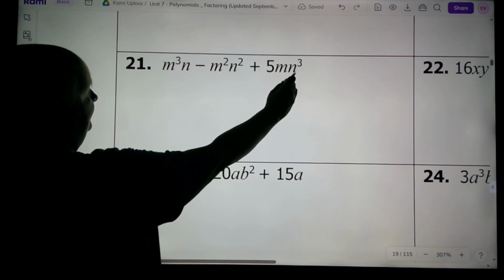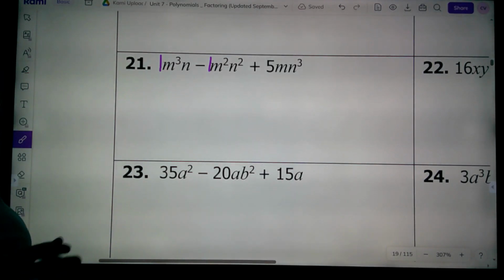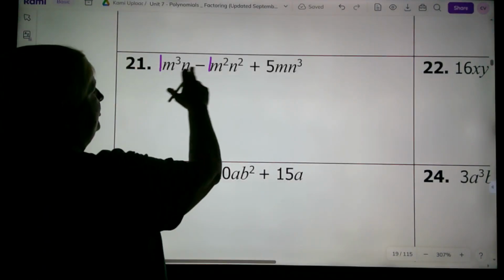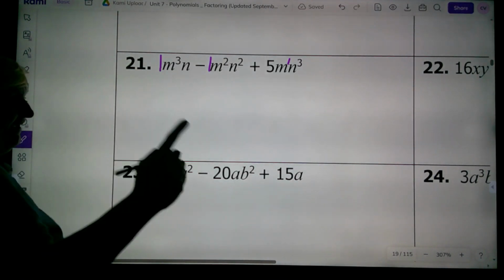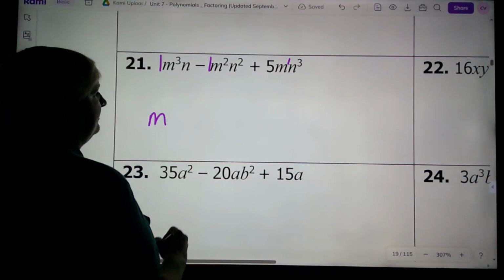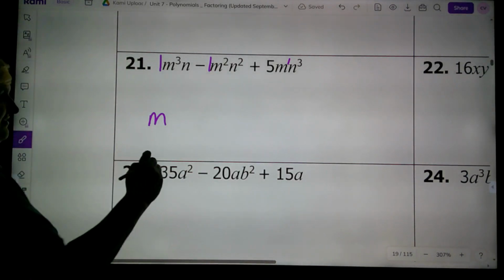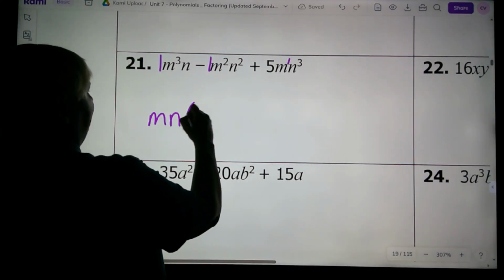All right. They do not have a variable in common, or a coefficient in common, so the coefficients are out. All right. M cubed, M squared, M to the first. They all have at least one M, so I can pull out an M. N1, N2, N3. They all have at least one N, so I can pull out one N. What am I left with?